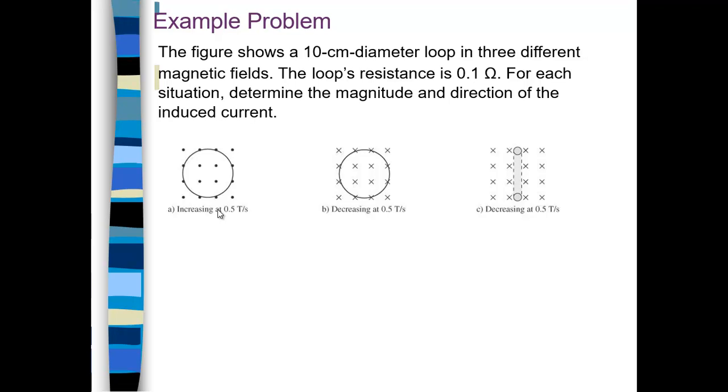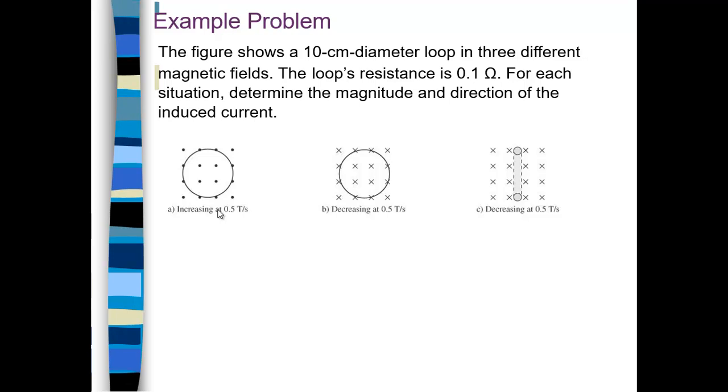Now, if it's decreasing at 0.5 Tesla per second, and it's going into the page, then our opposing field would also be going into the page. So again, for B, we would be moving clockwise. Use the right-hand rule.